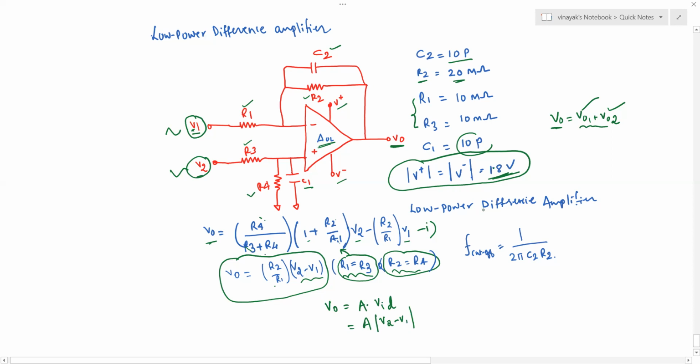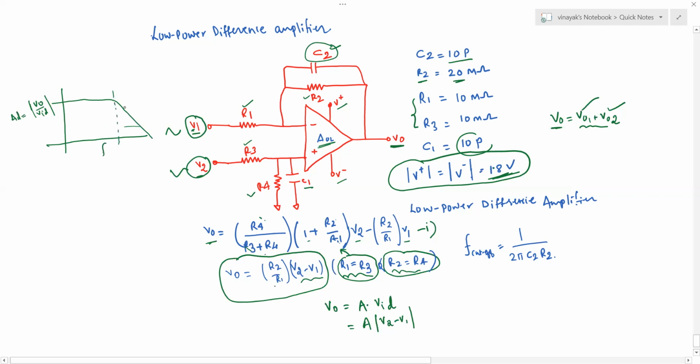And C1 and C2 are also applied. C2 is there to create the first pole frequency, because when you simulate the AC response of this circuit, you will have the Bode plot, which will give you the magnitude of the gain, A, versus the frequency.